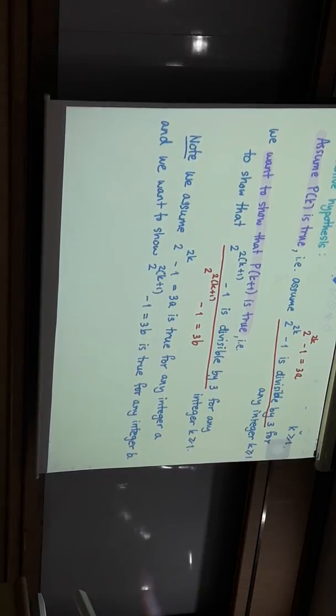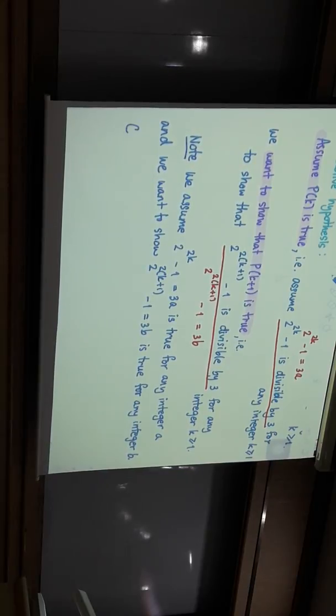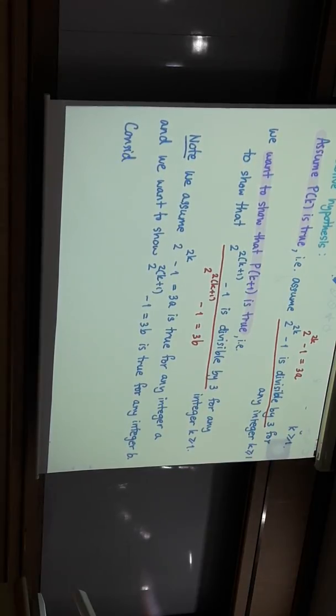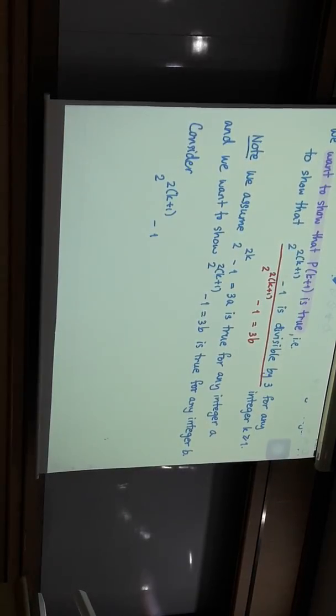Okay, now you can start working on this, but we're going to consider 2 to the power of 2 times k plus 1 minus 1. Okay, and at the end we want this one to be equal to 3 times something.